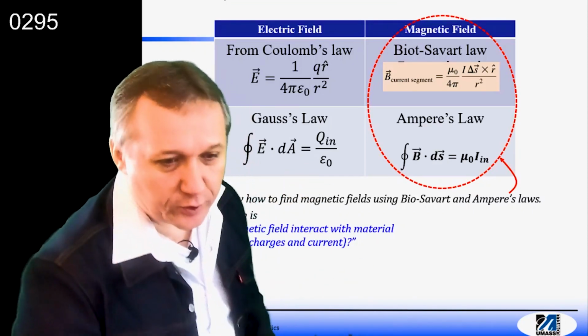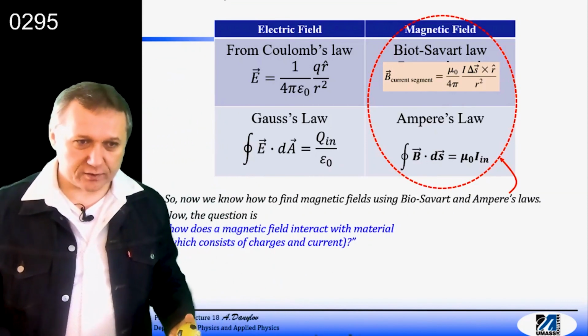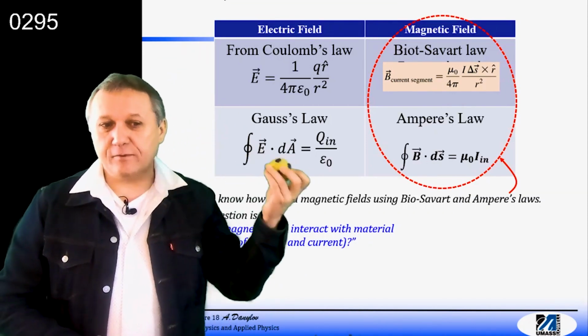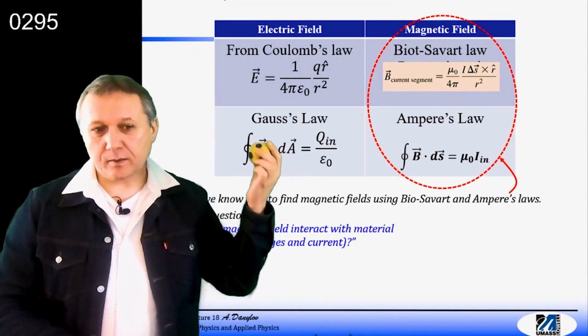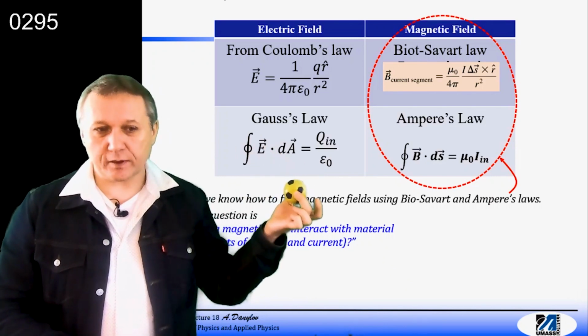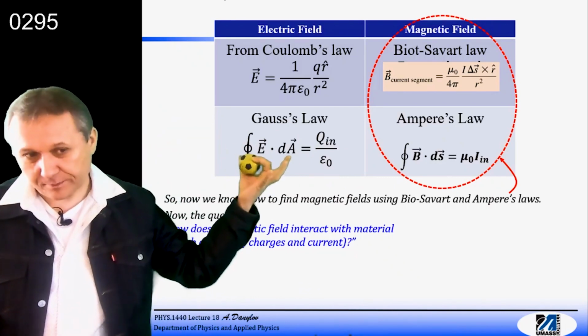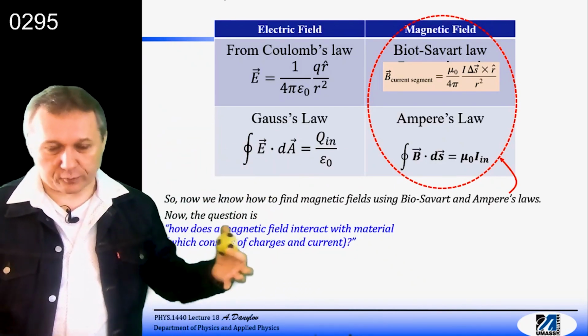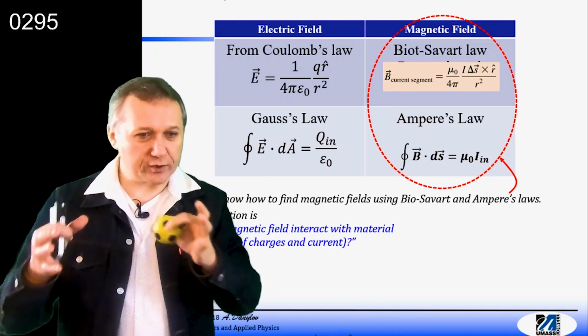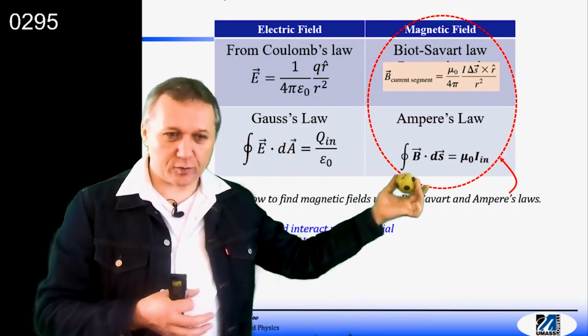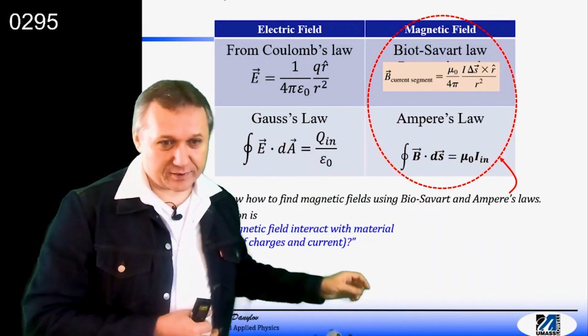So now we need to introduce the fundamental equation: the magnetic force on a point charge. If you know that formula, you should be able to describe interactions of magnetic fields with any object. But of course, you'll have to apply some logic in order to make a transition from a point charge to some bulky material.